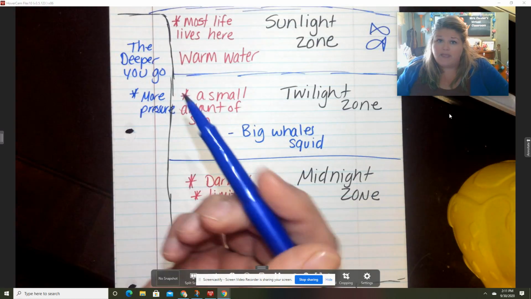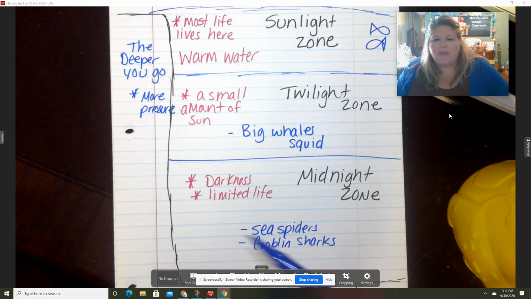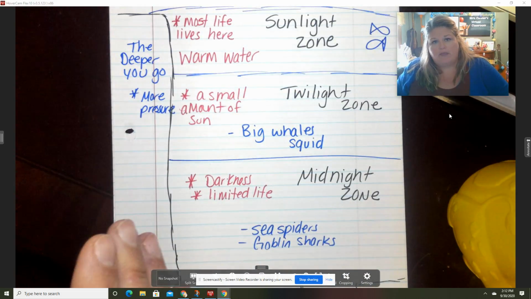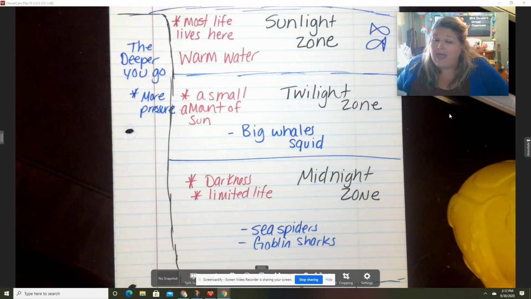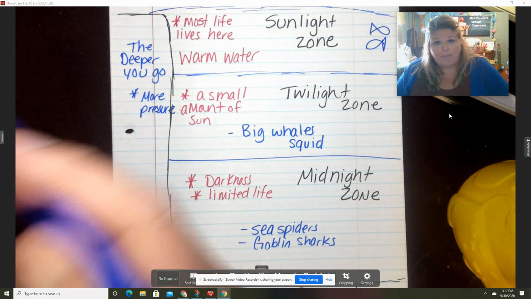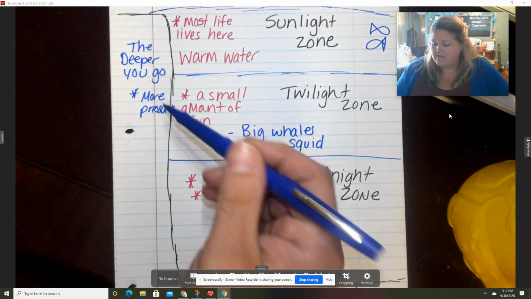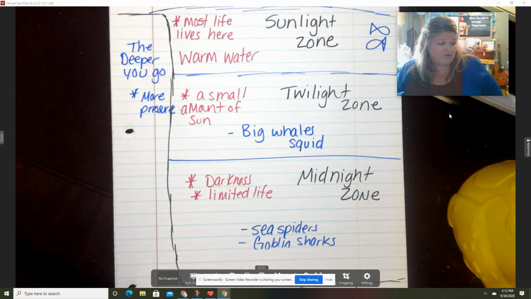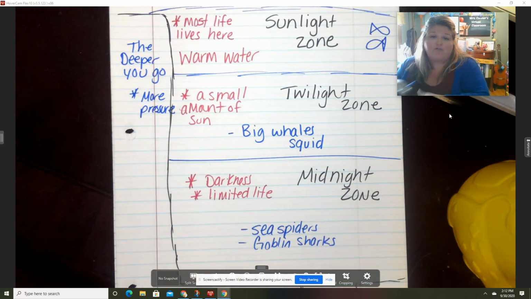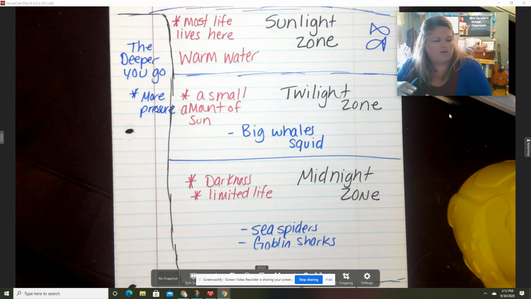That's why we can't swim that deep. But some animals, the fish, are built that way. They have adaptations, which we will talk about soon, and they're made to do that. But humans can't. The deeper you go, the more pressure is built up, because there's more water, it's heavier.